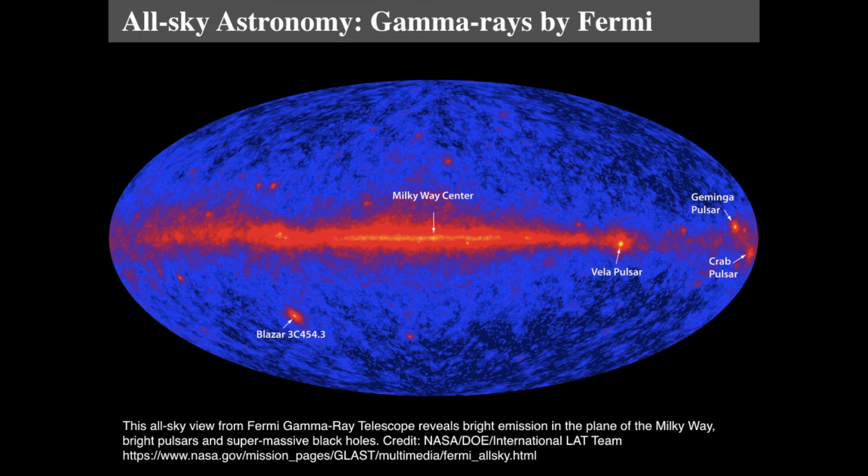But the Vela pulsar is fascinating because it's bright in many wavelength regions, and it's a nearby pulsar that was formed maybe about 3,000 years ago, or maybe 10,000 years ago, in a supernova explosion. So these recent pulsars, like the Crab, Geminga, and Vela, are a result of recent supernovae.